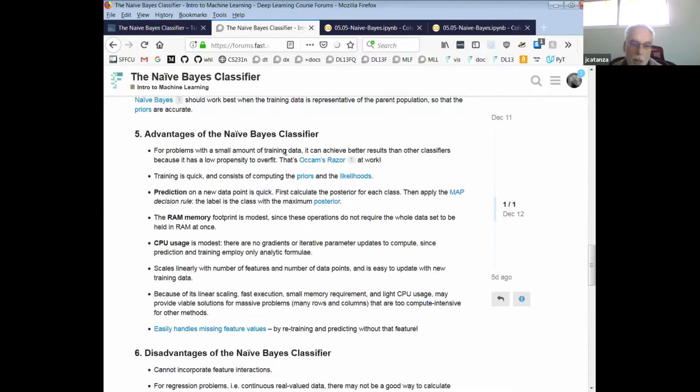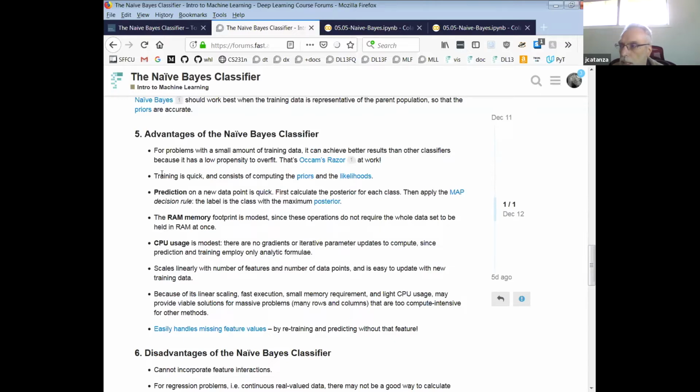And the reason is partly because it doesn't overfit very much, and that's because of Bayes' rule. Bayes' rule tries to predict what should be true given what you already know is true. So you have some things that you know are true, and it penalizes you if you try to go beyond what you already know is true.